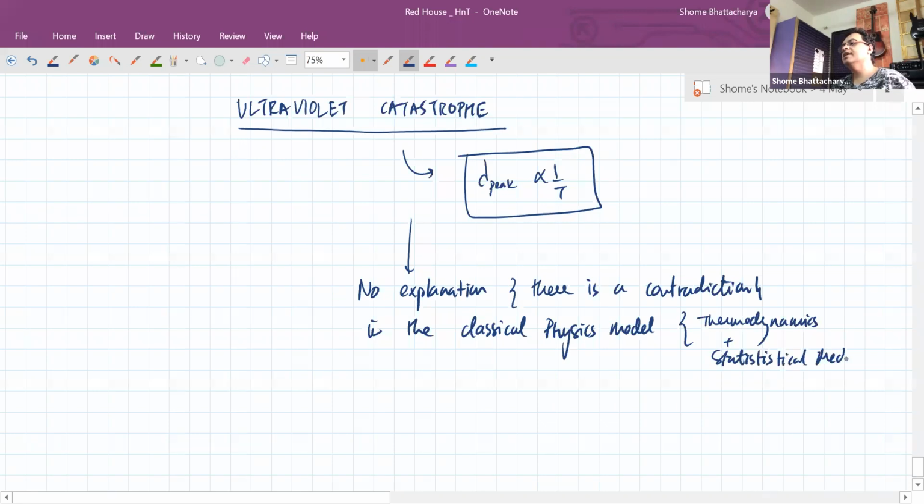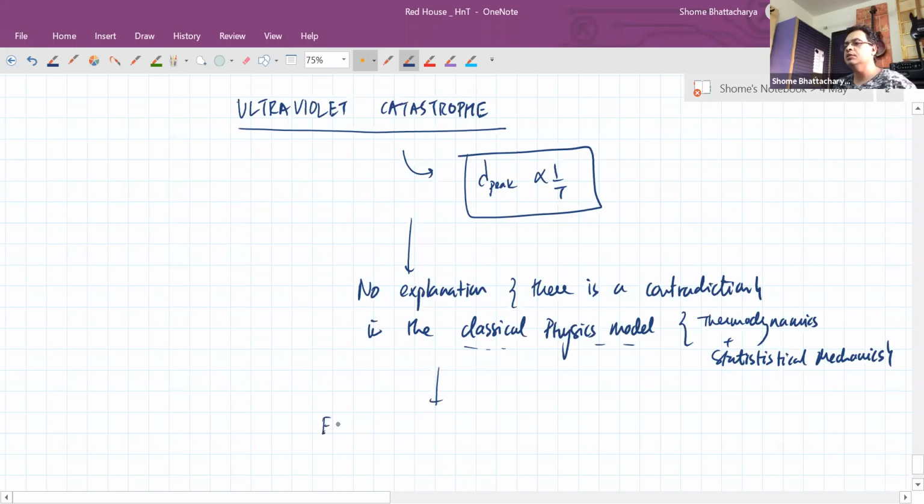Statistical mechanics is a sort of extension of the Newtonian mechanics principles that you have studied, which is then applied to a many particle system, like an ideal gas or a real gas. So it's closely related to thermodynamics. That kind of classical physics failed to explain this. In fact, it contradicted this.